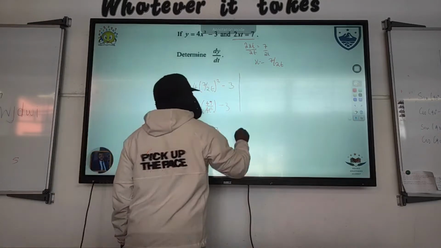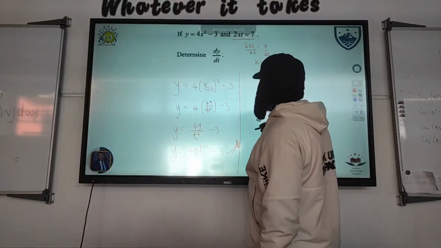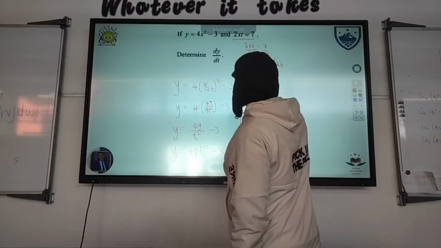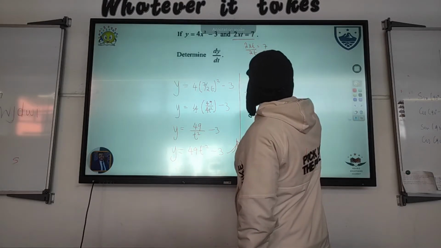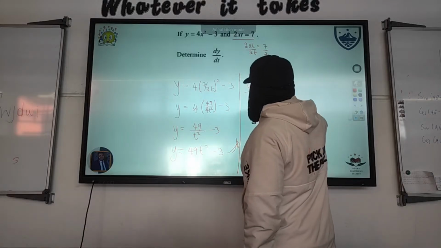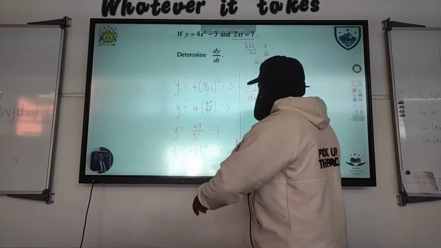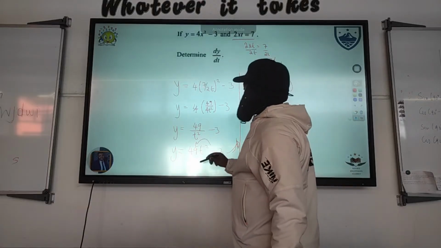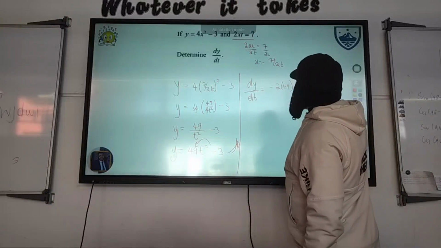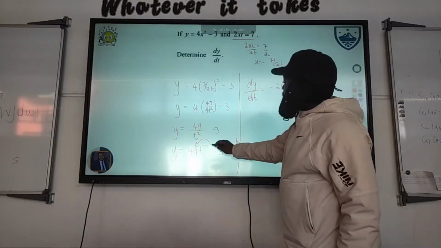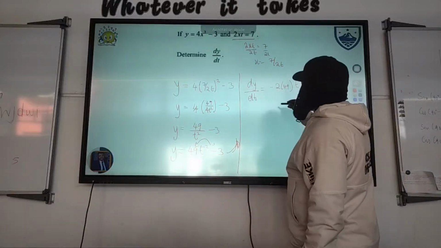And if now they're asking me for dy/dt, my dy/dt will simply be negative 2 multiplied by 49, multiply this by that, and then t to the power of negative 3, because I'm going to subtract 1, and then this is a constant, 0.